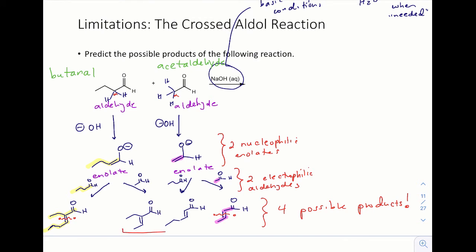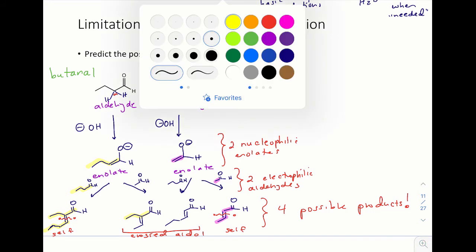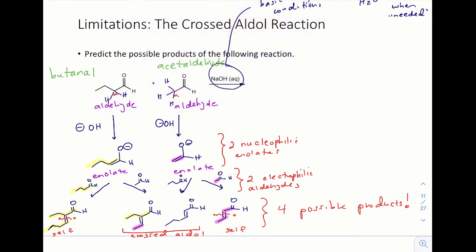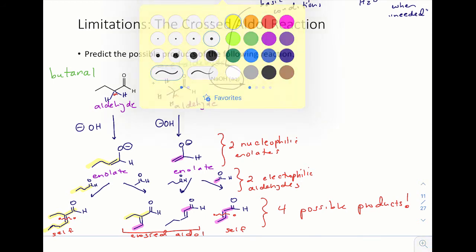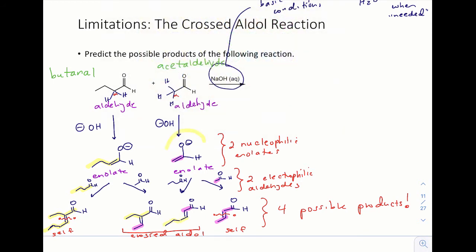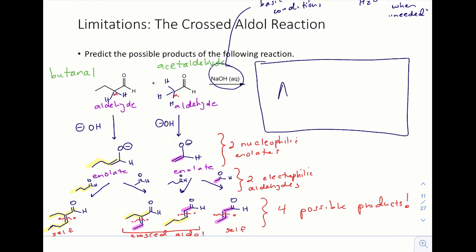And in the middle, there are the two crossed aldol products, where butanal attacked a molecule of acetaldehyde in its carbonyl form, and acetaldehyde attacked a molecule of butanal in its carbonyl form, as shown. Well, this crossed aldol is a mess.